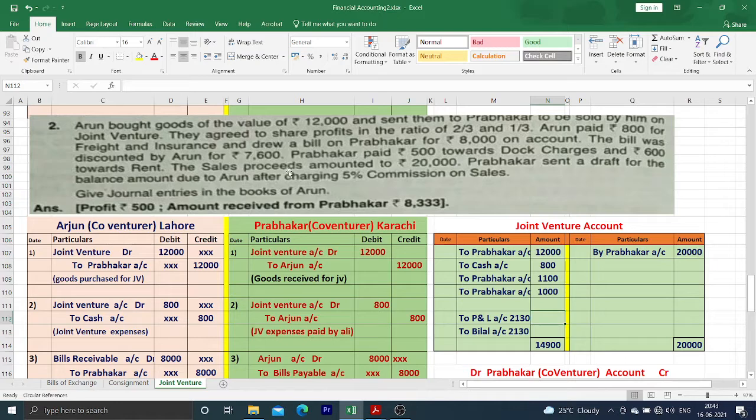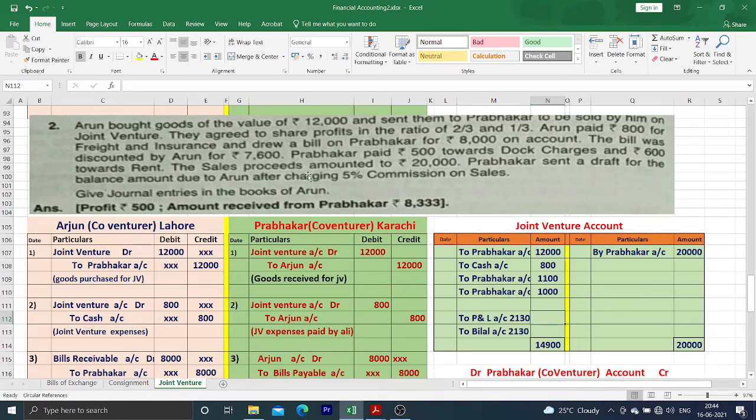Prabhakar to sell goods on joint venture. They agreed to share 2/3 and 1/3. Arjun paid 800 for freight and insurance, and drew a bill on Prabhakar for 8,000 on account. The bill was discounted by Arjun. Prabhakar paid rupees 500 towards upkeep and 600 towards rent, 1,100.